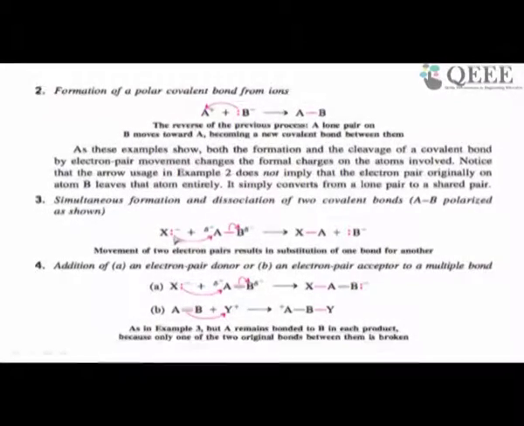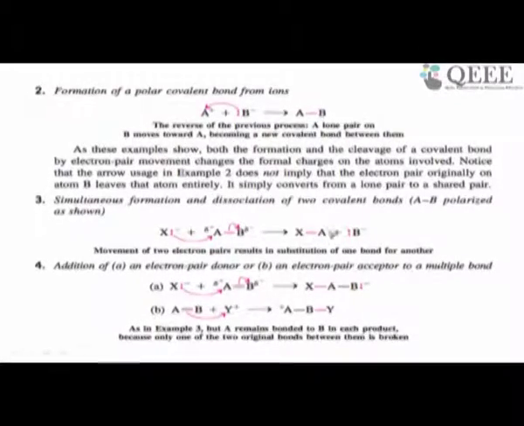Since there is already a negative charge in the reaction medium, it always tries to find a partner which is more positive. I mean, it's more like an electron liking species. So X minus, which is an electron rich species, approaches A. When X approaches A, A tends to break away from B. So B goes out as B minus, and you form a polar covalent bond.